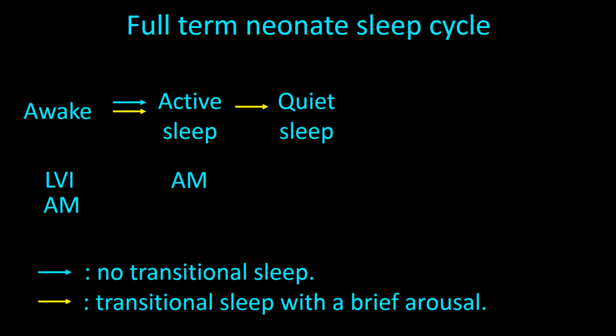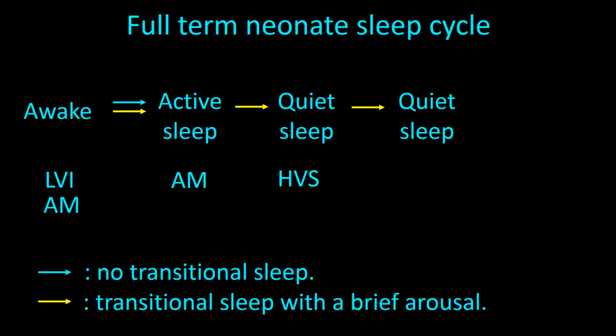After this period of active sleep, there is a brief transitional episode towards quiet sleep. Then quiet sleep appears. The prevailing EEG activity during this first period of quiet sleep is high voltage slow. Following a transitional sleep, the EEG activity will change.